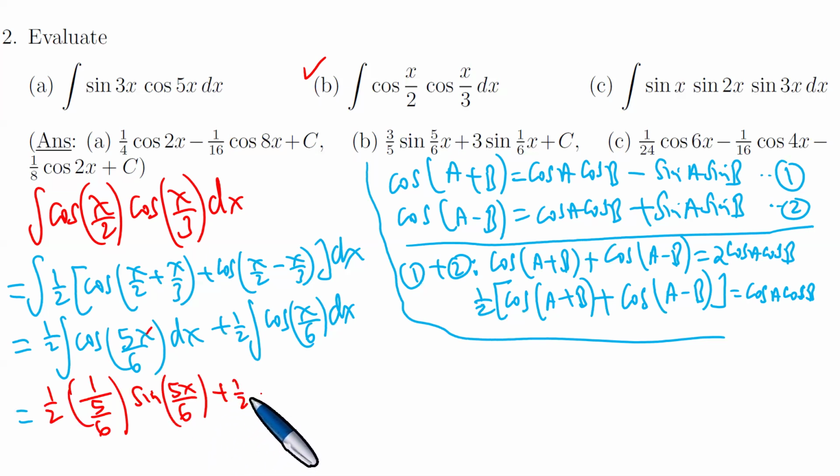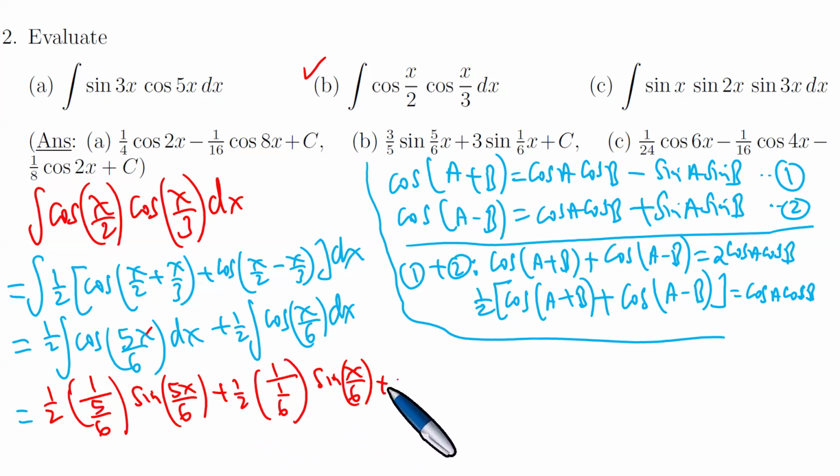And then you have 1/2 like this, 1 over 1 over 6, and then you write the sine of x over 6 plus c. You invert this one. If you invert this one now, it becomes 6 over 5. 6 divided by 2 is 3 over 5. The sine of this.